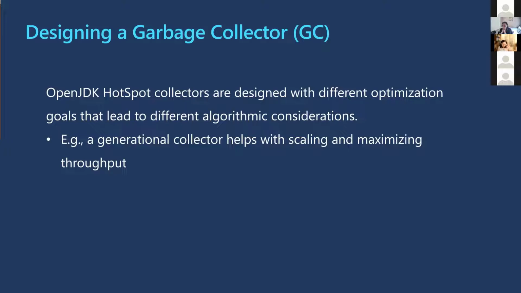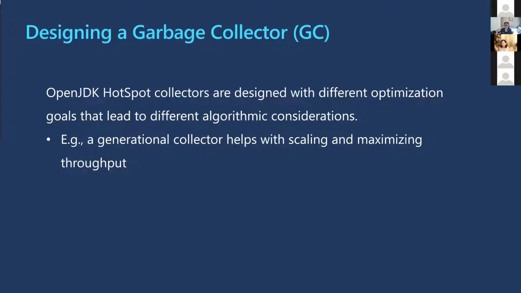The other part of it is the whole concept of a generational collector, where you say most objects die young. So when I'm allocating these objects, chances are they're going to die sooner rather than later. So how about aging them in one generation and then moving them to the old generation after they pass a threshold of age?